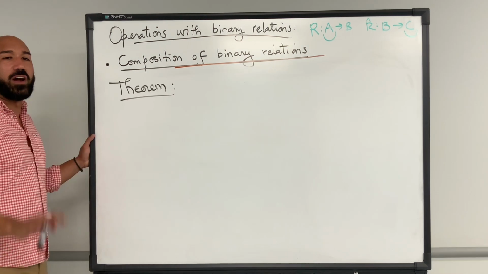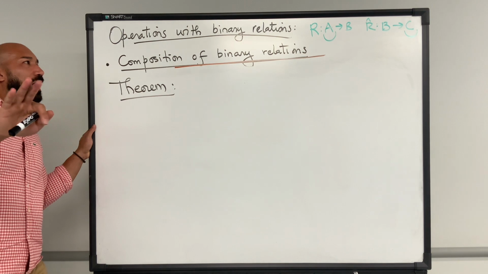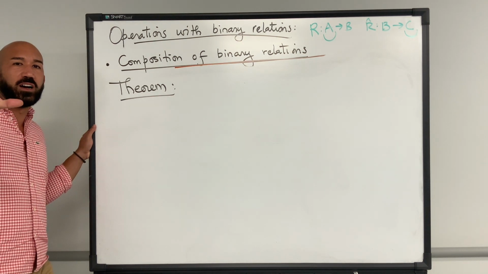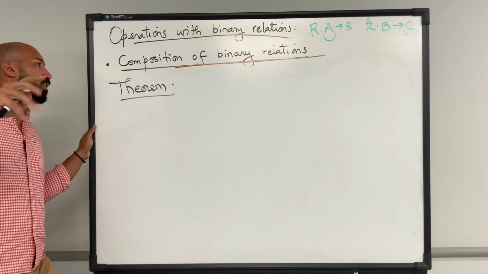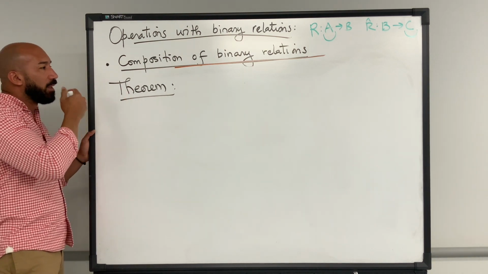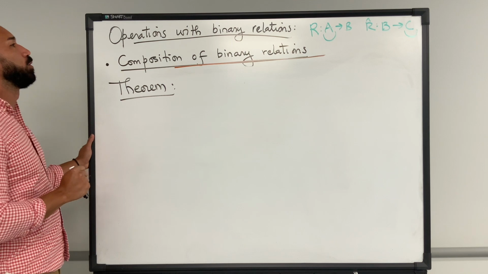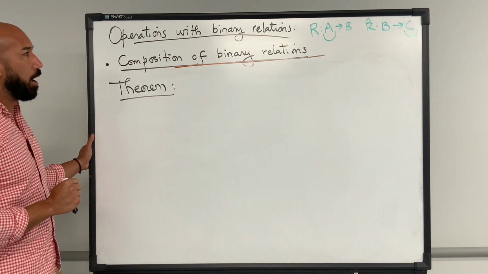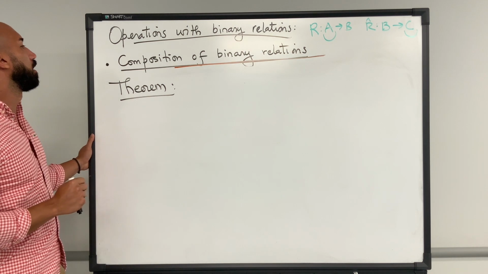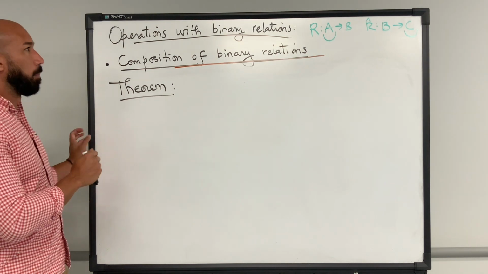So notice that these two relations are different. Is that okay? All right, last class we studied three properties to classify binary relations: fully defined, injective, and surjective. So we are going to conclude this lecture today by introducing a theorem proving that those properties are preserved under composition.